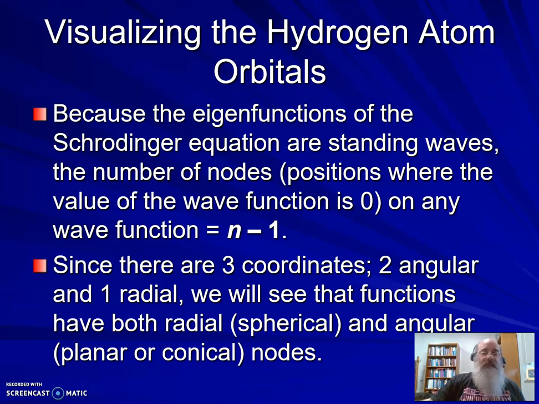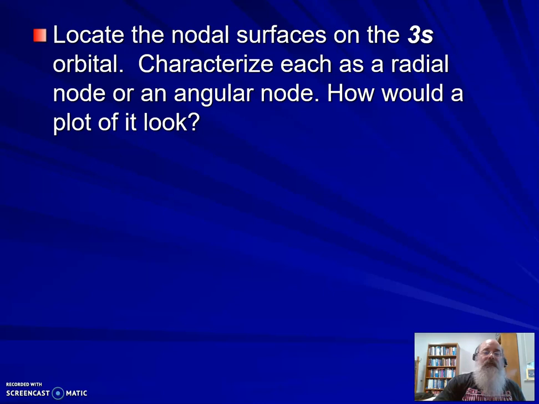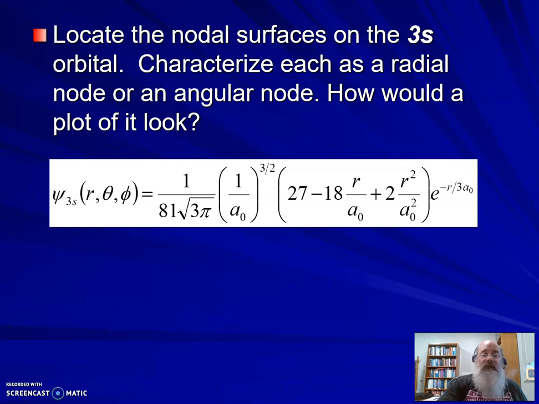So for example, if we wanted to locate the nodes on the 3s orbital, we're going to have to find 2 nodes. And the question is, how would that end up looking? Well, I'm not going to work this out for you, I want you to work it out on your own, but we've got a situation right here where this function only becomes 0, the exponential part, if r becomes infinite.